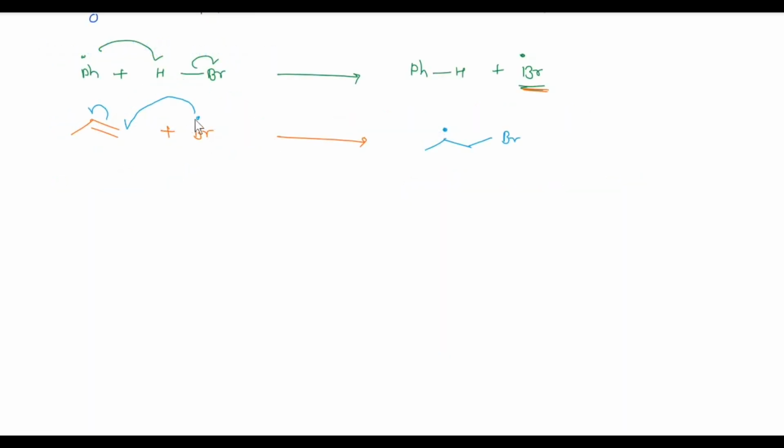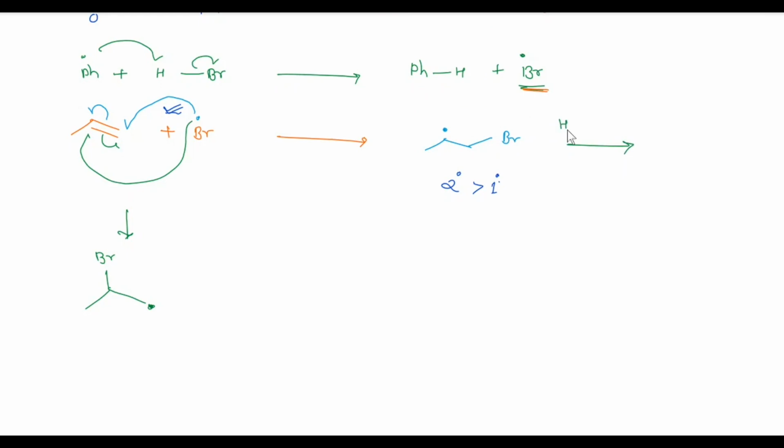If this Br radical attacks this carbon atom, we get this primary radical. As we know, a secondary radical is more stable than a primary radical, so this attack is favorable.